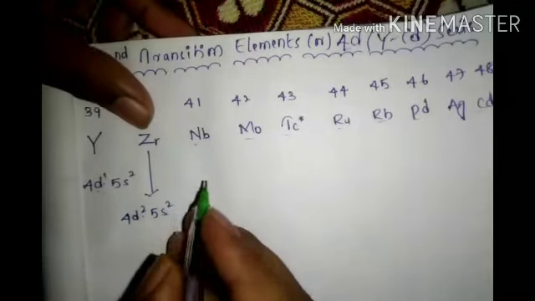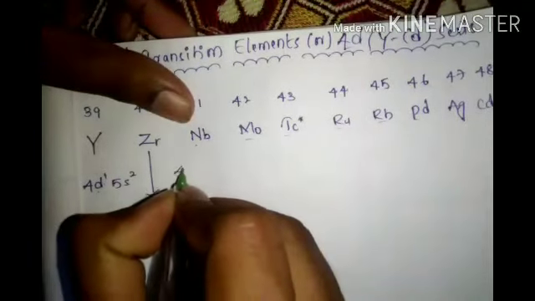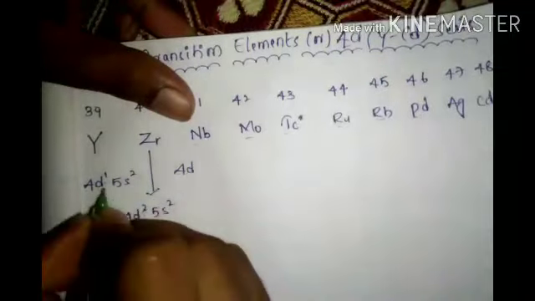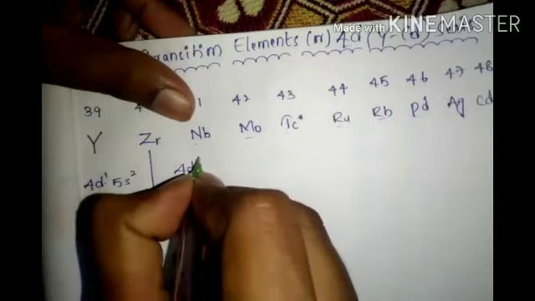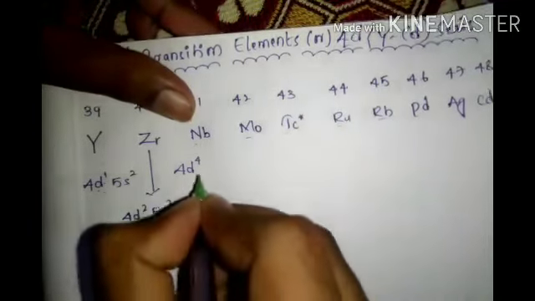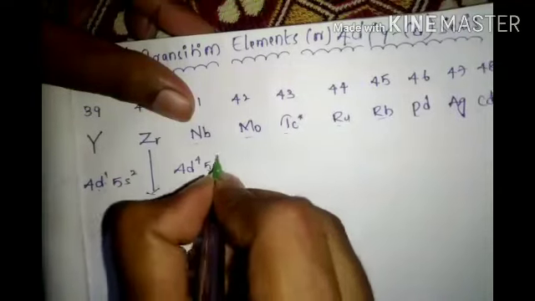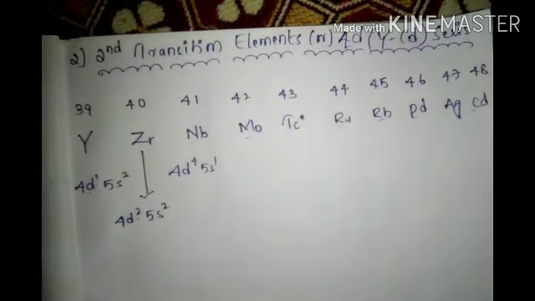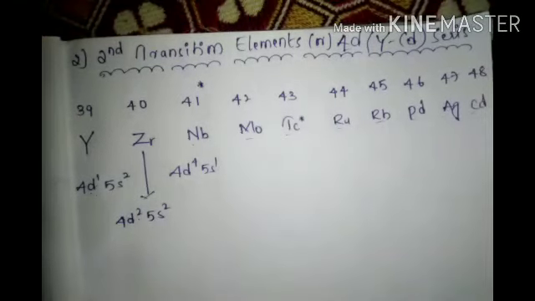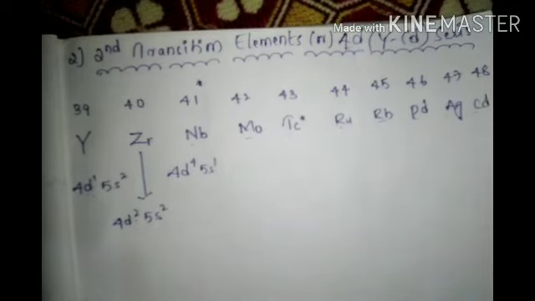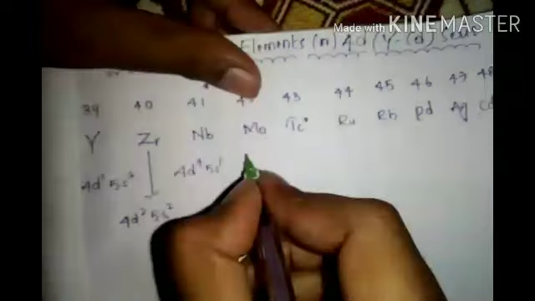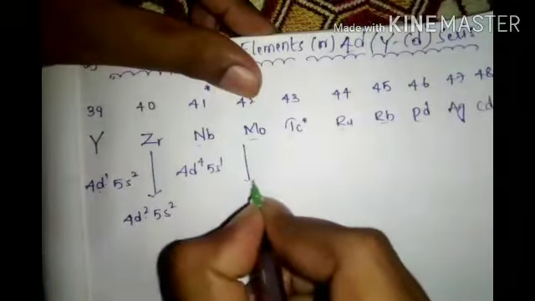Next, niobium. 4d3 should come, 1, 2, 3 should come, but 4 is coming, 5s1 coming. So here we have to take a star symbol. Next, molybdenum.